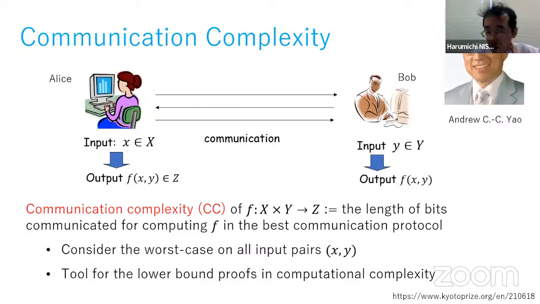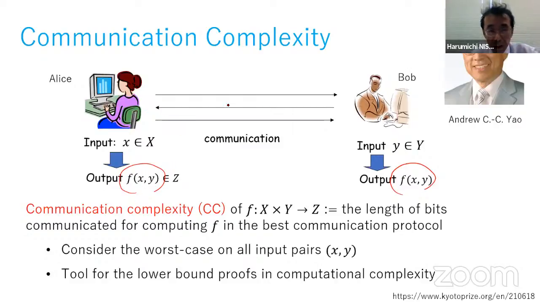Alice has input x and Bob has input y. The aim is to output f(x,y) for some function. In this figure, both parties output f(x,y), but if this output is not so long, then one of the parties outputting is okay.